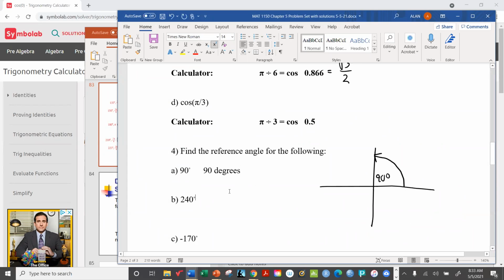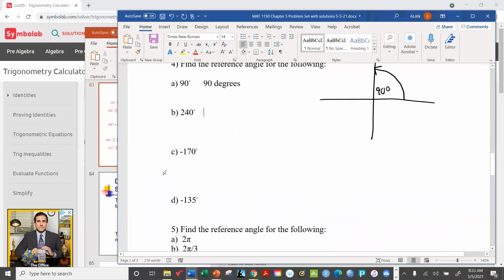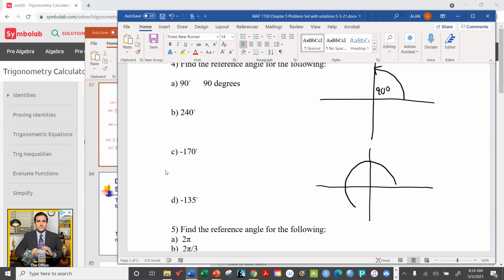But if you try 240, for example, what is 240? Let's try a graph. Okay, so this is 240.